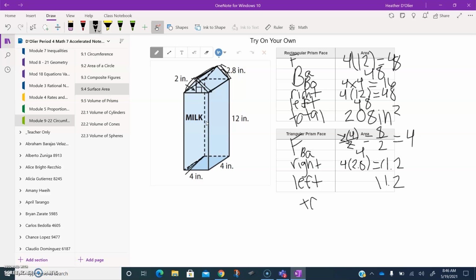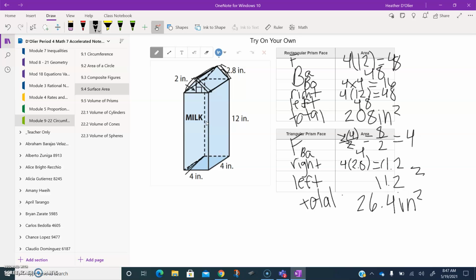And then I need the total of this triangular prism that's showing. So I've got 4 plus 11.2 plus 11.2, and I get 26.4 inches squared. And then the last thing, why is it not writing the 2 for me?